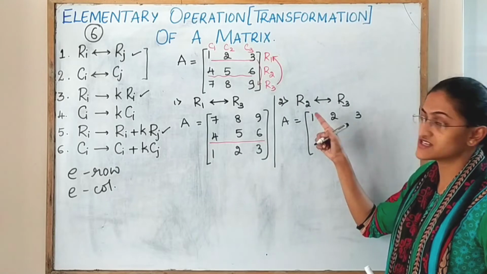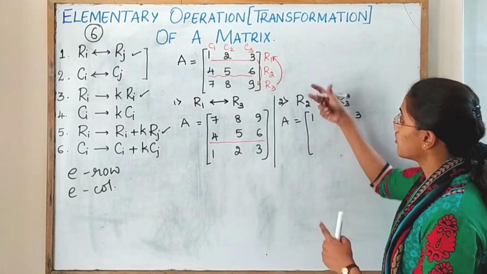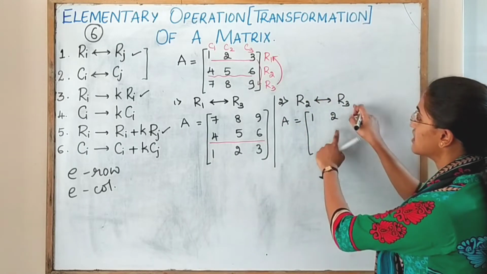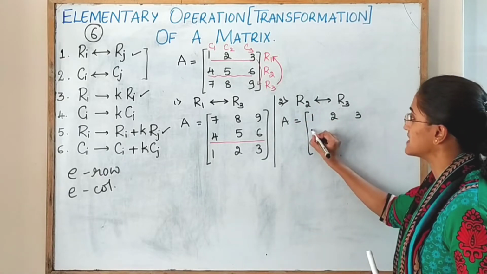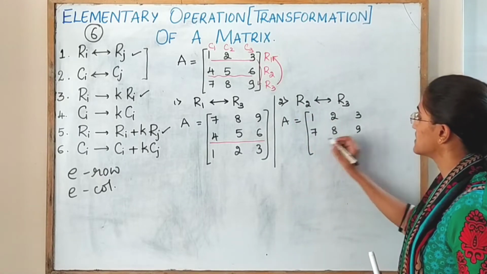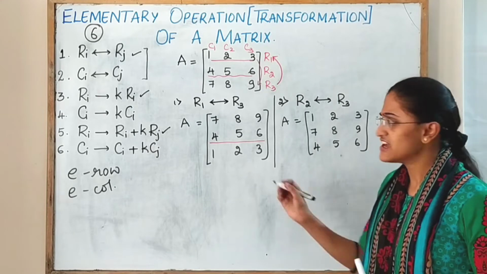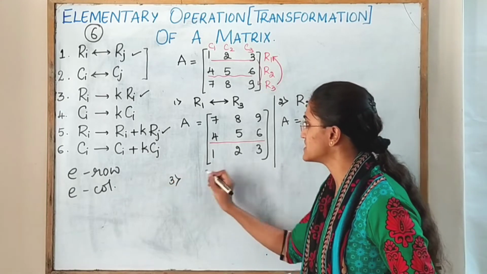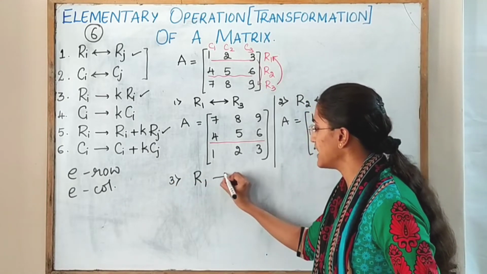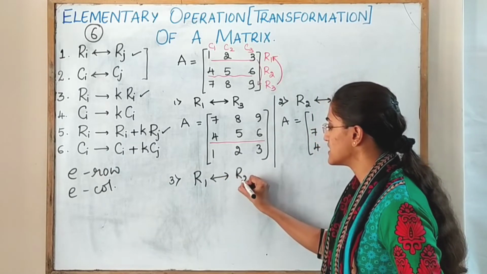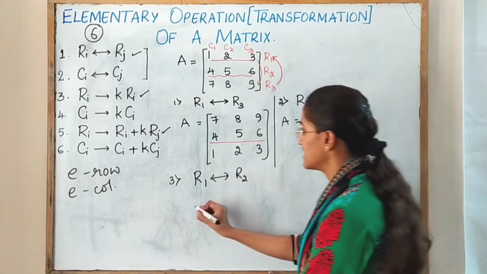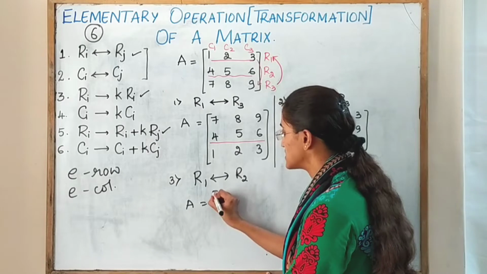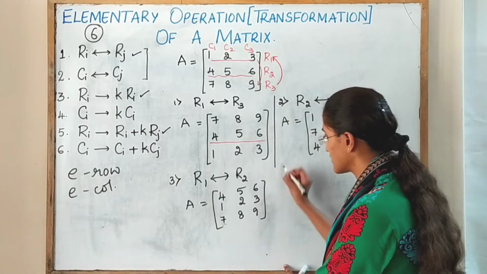Now, the second row will be interchanged to third and the third will be interchanged to the second, and hence we get the new matrix like this. Similarly, you can also apply the operation like R1 interchanges to R2. Then what will the new matrix be? We get the new matrix as this one.